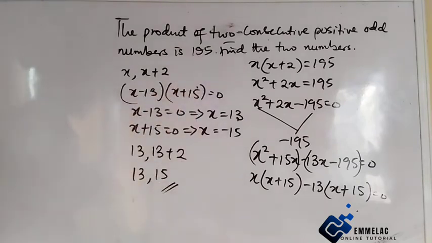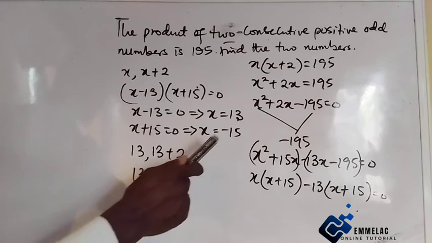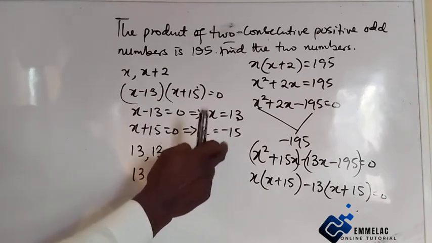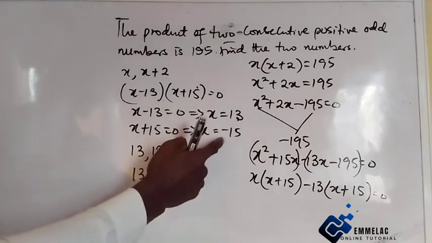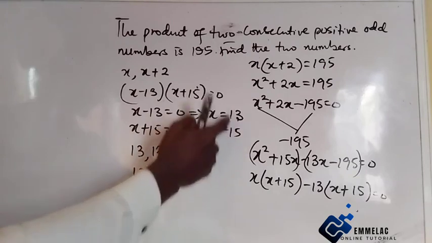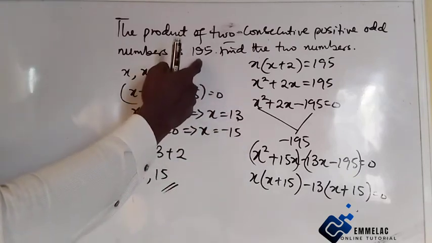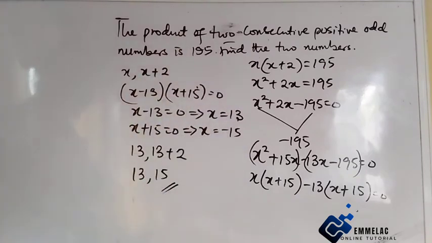The reason why the other value does not work is that when you add 2, it automatically gives a negative number, so as such, this is not correct.